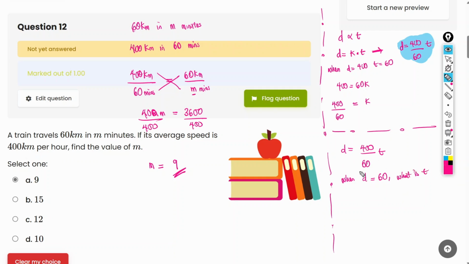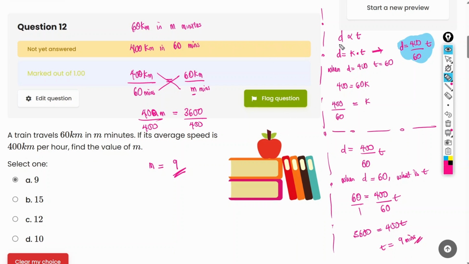We can just plug it in. 60 is equal to 400 over 60 T. When you cross multiply this out, you have 3,600 is equal to 400T. Divide both sides by 400, you get T as 9. 9 minutes.